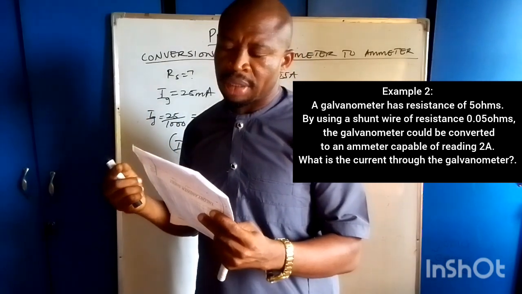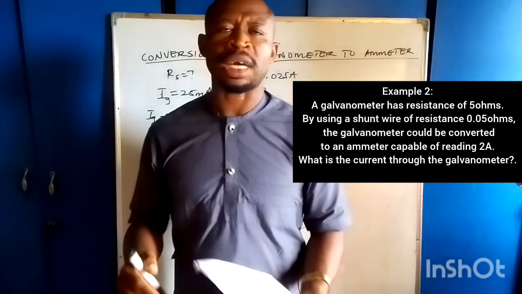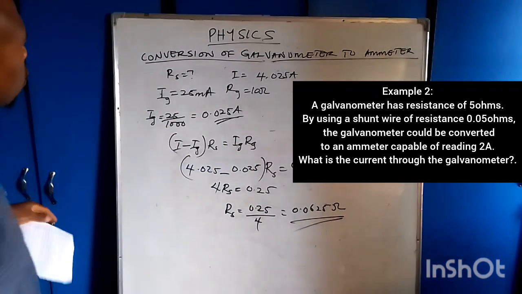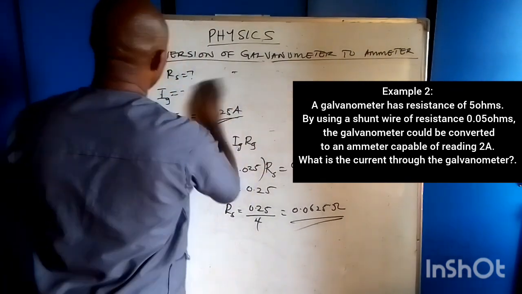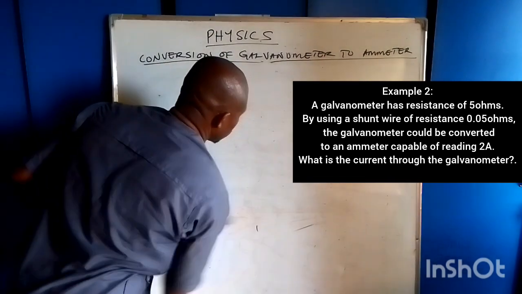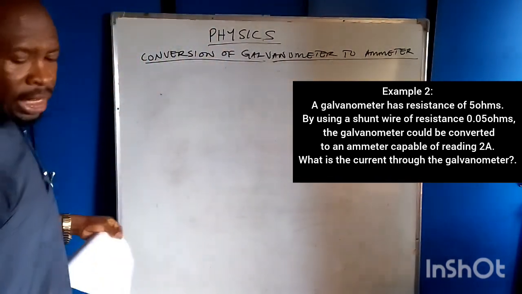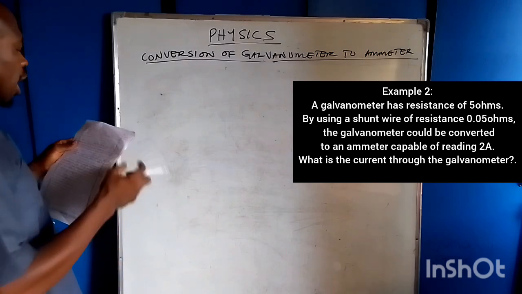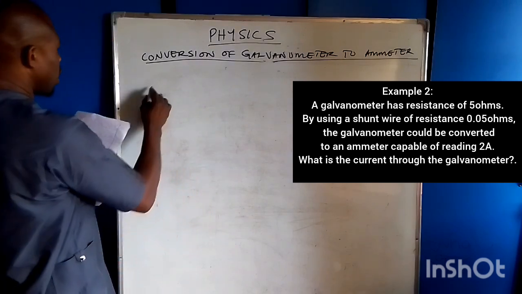What is the current through the galvanometer? So we clean our board.